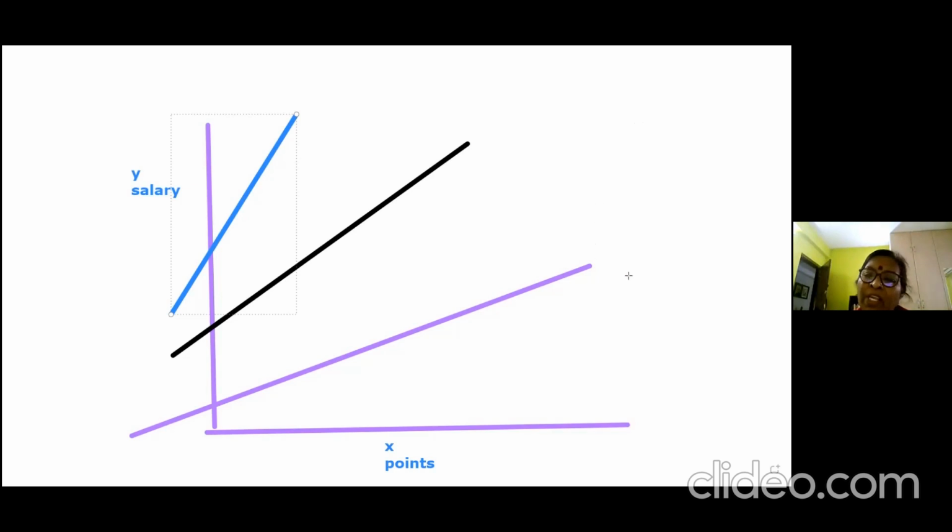I'm talking about the purple pay line. Zero points starting here, 400. So what is the slope?